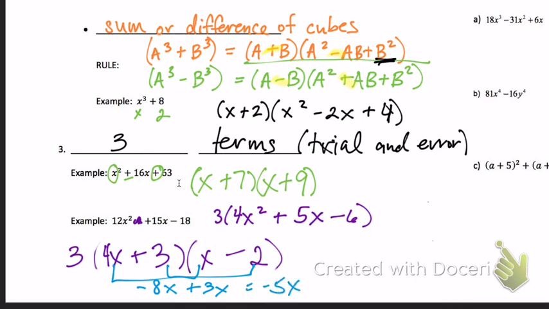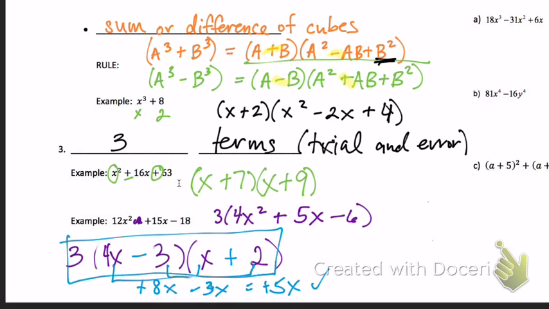What's wrong with that though? The signs. So let's switch the signs. So it should be 4x minus 3, x plus 2, which becomes a positive 8 and a negative 3, which gives me a positive 5, and we're good. So my final answer would be 3 times 4x minus 3 times x plus 2.